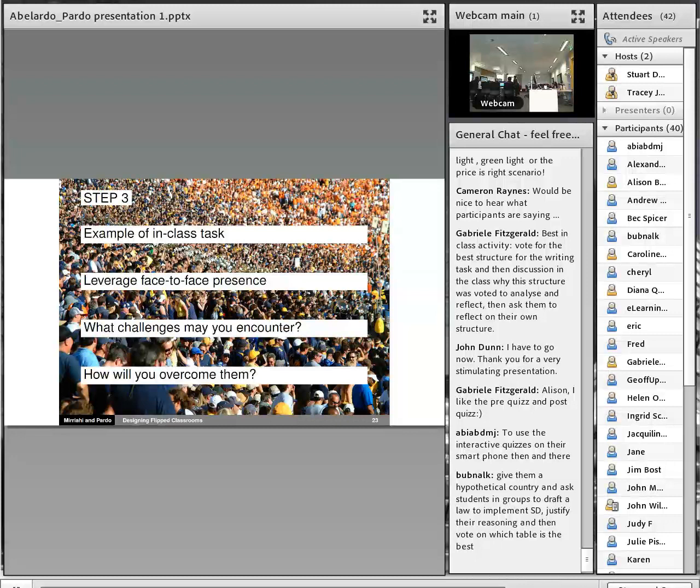Okay, how about this table over here? Project management is the context.